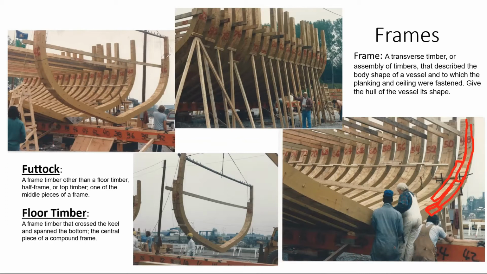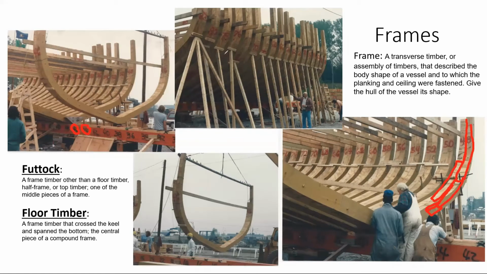And you can see how the frames all come together and go on top of the keel here. This numbered area here is the keel, and the frames are getting laid on top of it and connected to it.